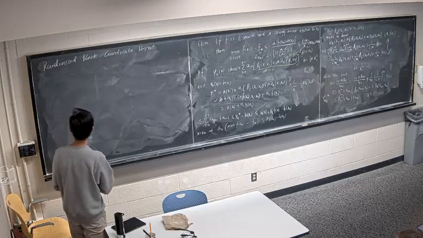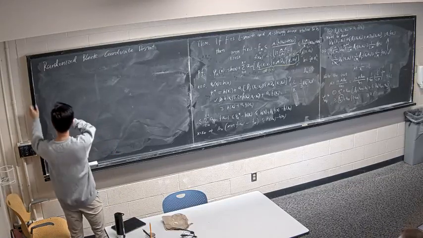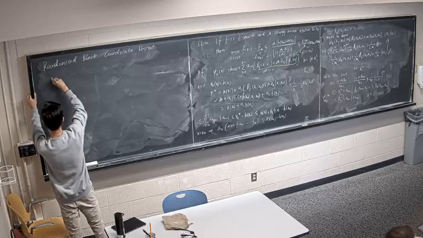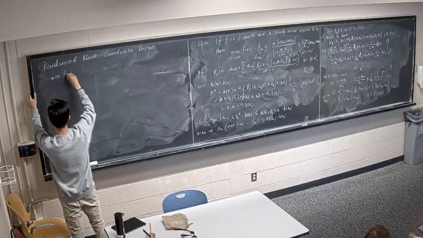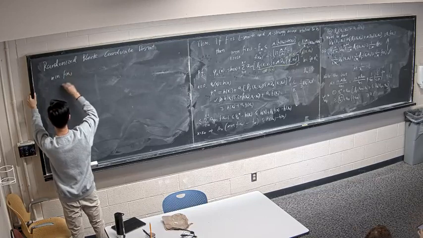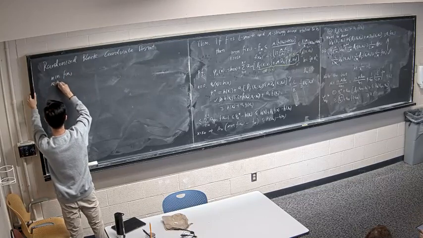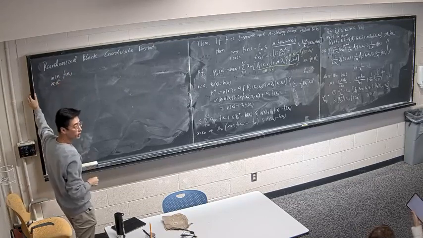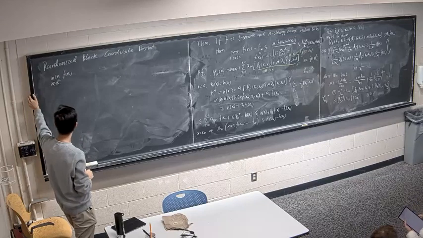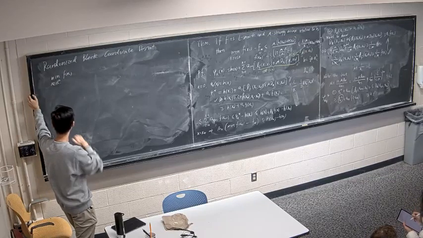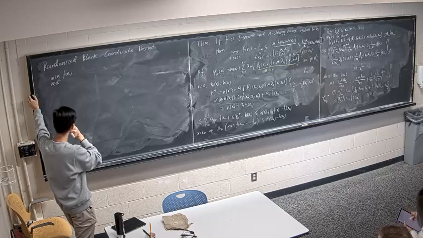Okay, let me do a quick motivation here. Suppose we want to minimize f of x, and now this n is very large. N could be a million or maybe tens of millions.